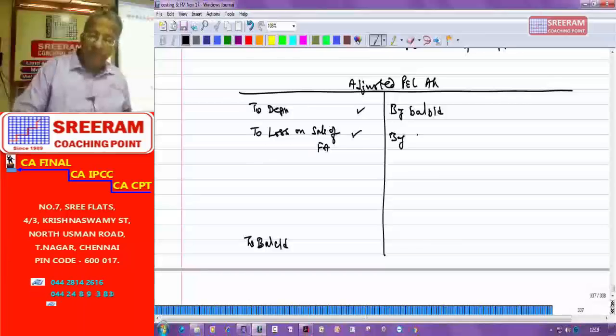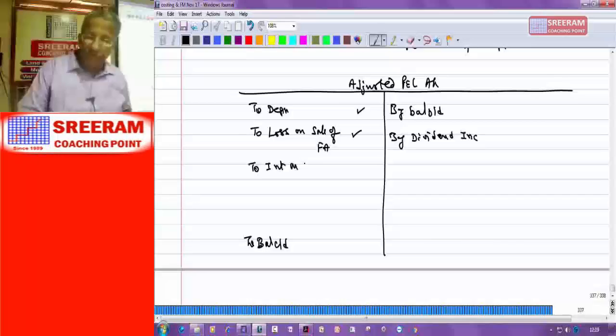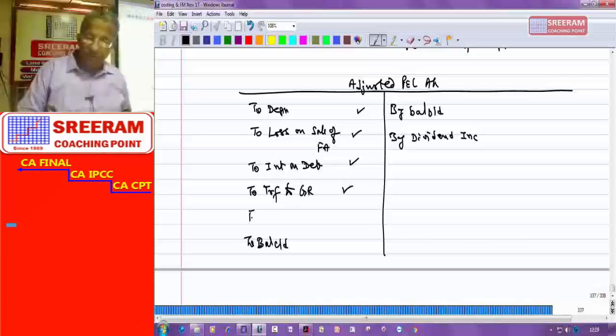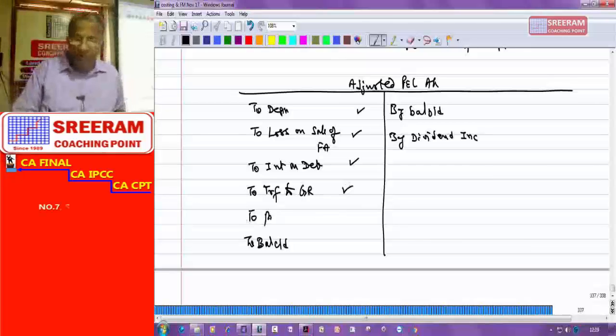To interest on debentures, to transfer to general reserve, to premium on redemption of preference shares.